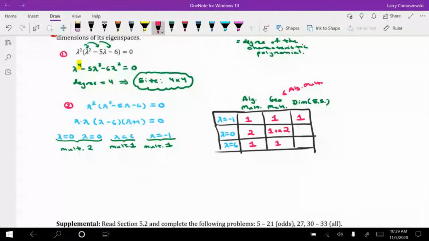So there's a possibility that the basis for the eigenspace just has one basis vector, in which case the dimension would be 1. Or, it might be the situation where there are two basis vectors for lambda equals 0. So the best we can say about the dimension is that it's going to either be 1 or 2, but nothing else. And then since the algmult equals the geomult for lambda equals 6, then we would be guaranteed one basis for that.